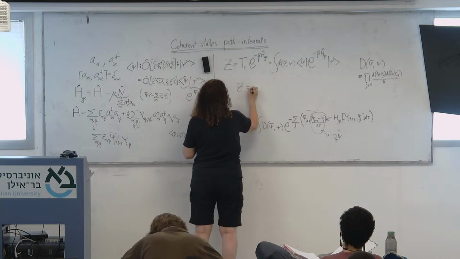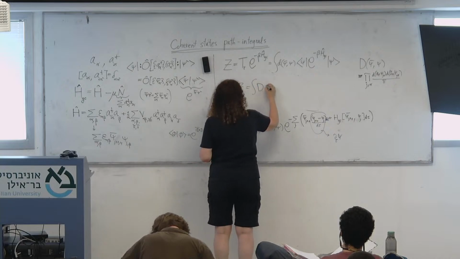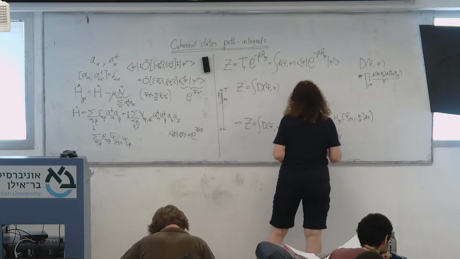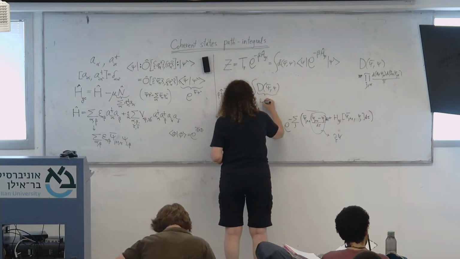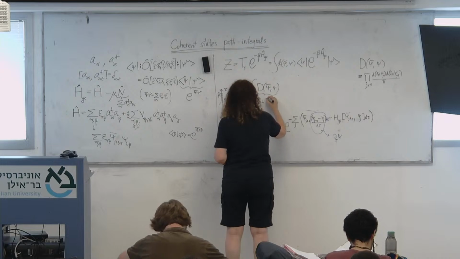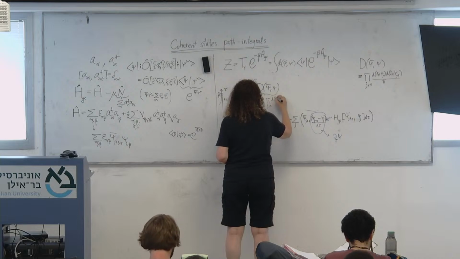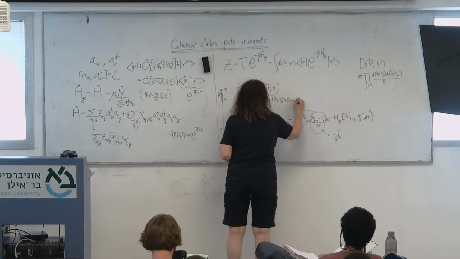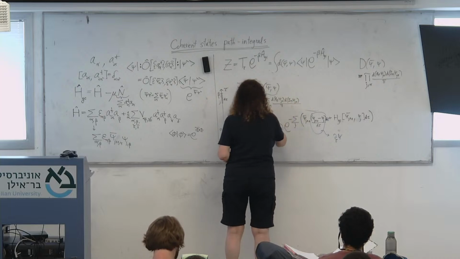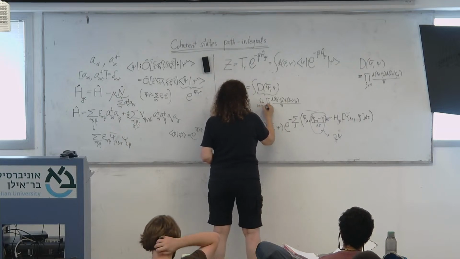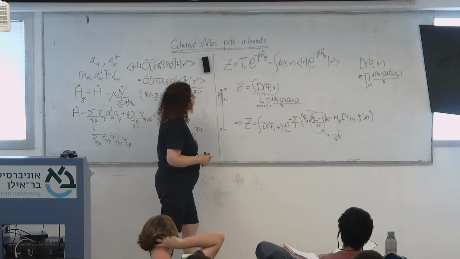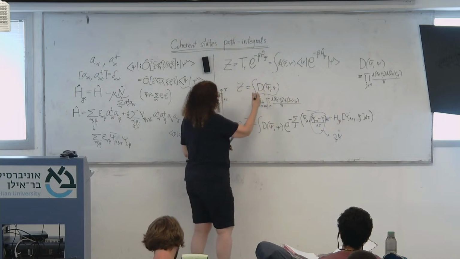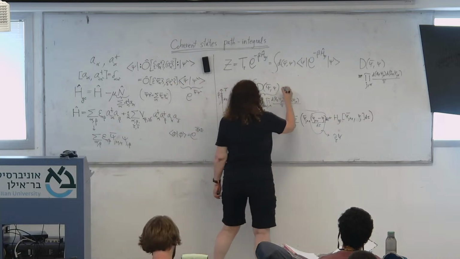So Z is going to be the integral over all psi bar psi, of the limit when n goes to infinity of this product, where j is going from zero to n, and n goes to infinity.